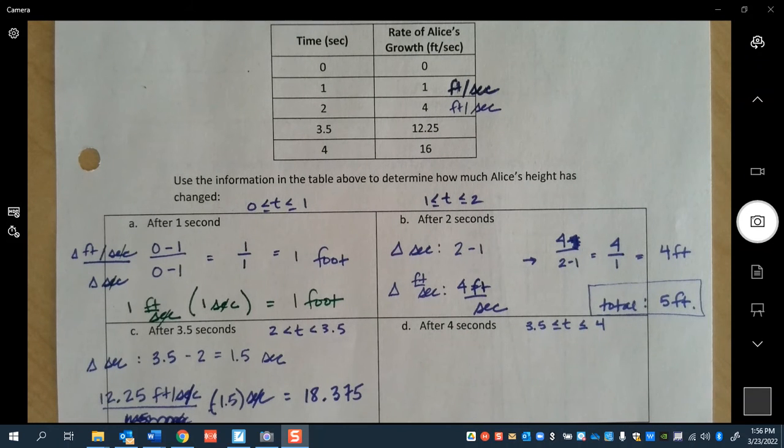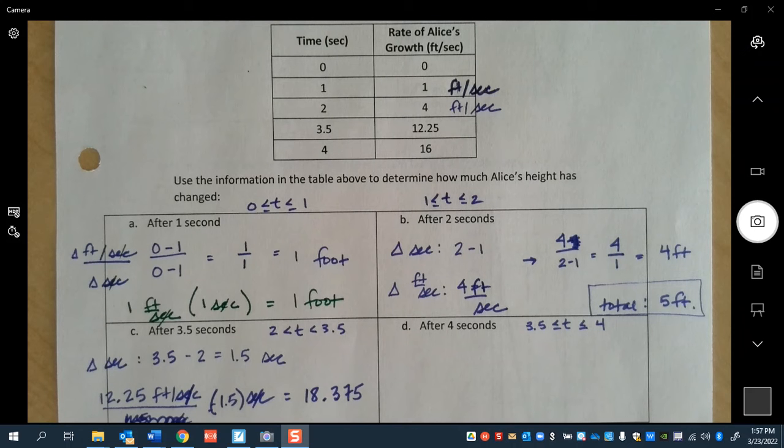So this is how much she's grown. So here where we're talking about how much her height has changed, we're working our way backwards from a rate table to a position table. So when we go back, we're removing our rate units, and we're going back to she's grown 1 foot in that 1 second.